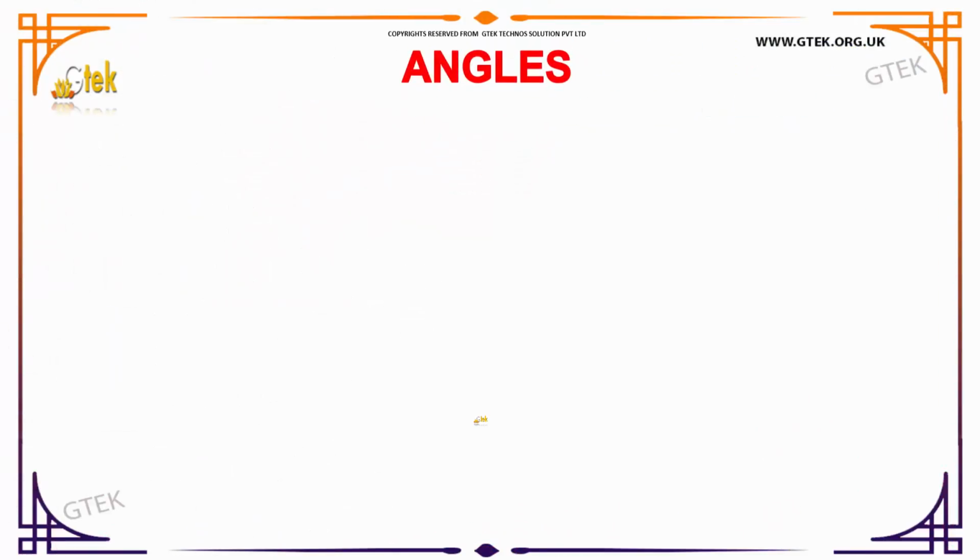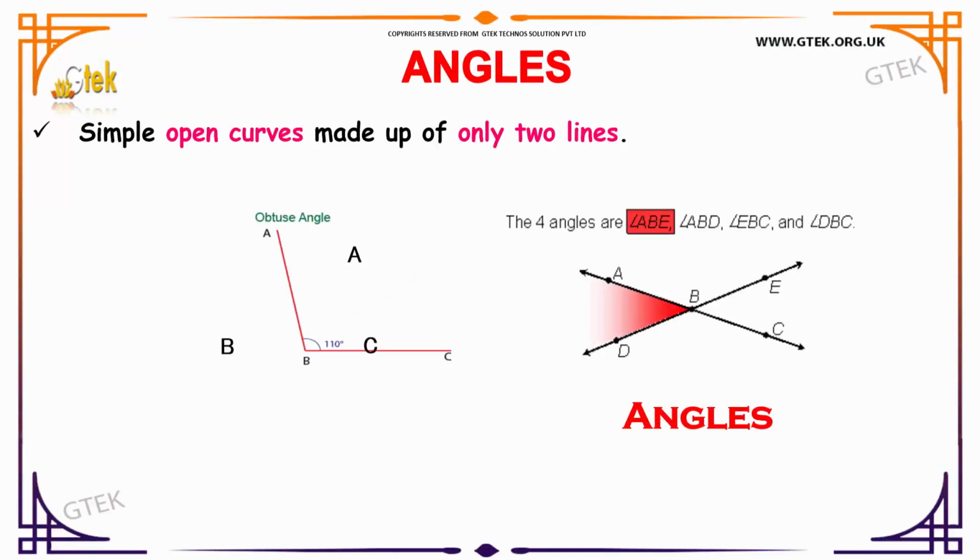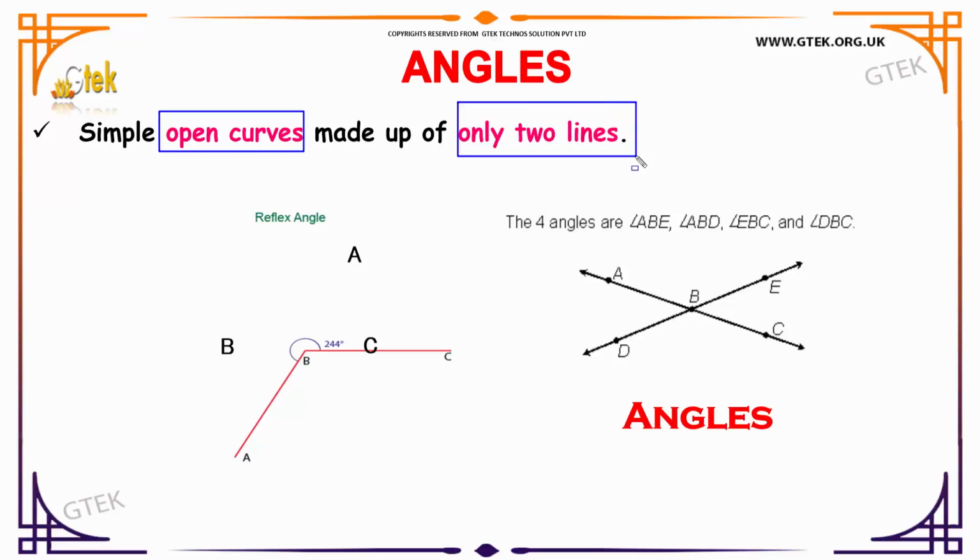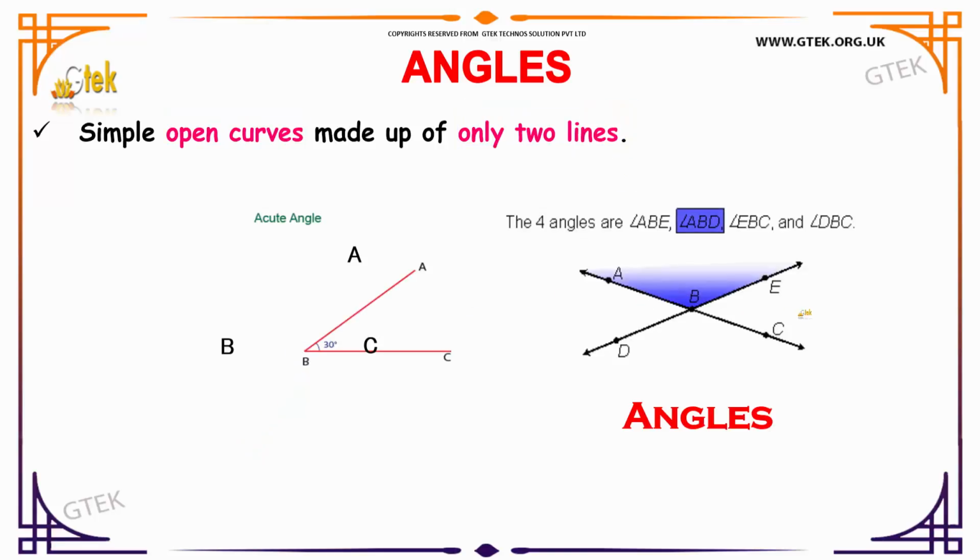So let us see the definition for angles. Angles are nothing but simple open curves which are made up of only two lines. So here you can see that there are four angles: ABE, EBC, CBD and DBA.